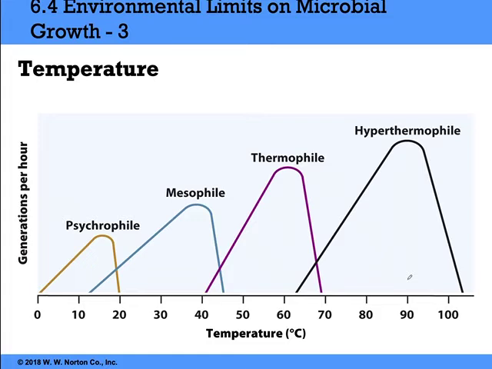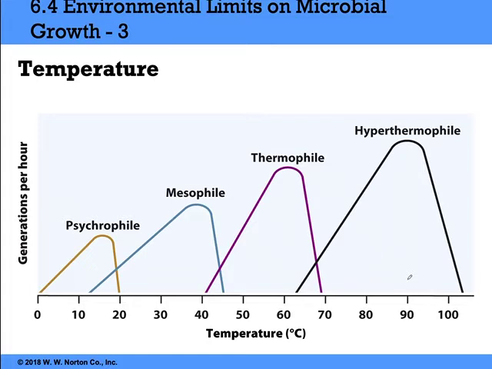Now, why such a vast difference in temperatures for these different organisms? Well, they use different tools for carrying out their life processes, right? The psychrophile, for instance, uses protein tools for life that work best at cold temperatures, while the hyperthermophile produces tools for life that are best at very, very high temperatures, okay?